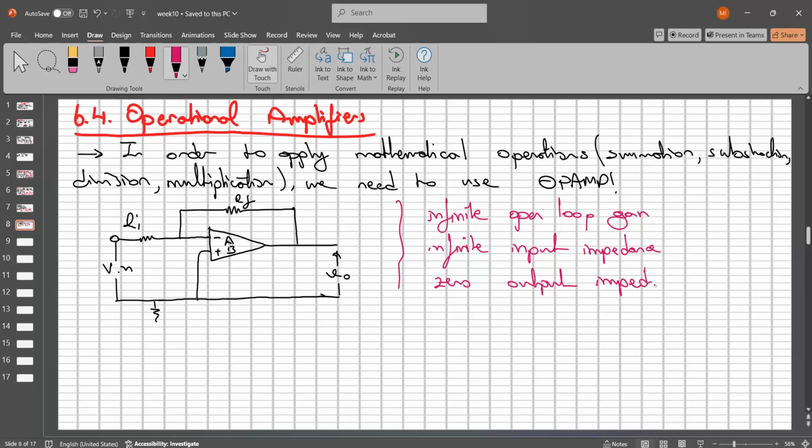What's the meaning of this? It means that in simple case VA equals VB, right? The voltage of A must be equal to the voltage of B, right? But why? Which condition should give us that? ZA should be equal to the infinite impedance. ZO is equal to the zero impedance, right? Which one is equal to which condition?